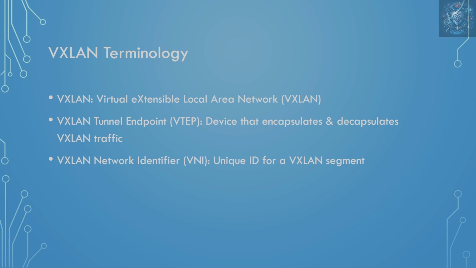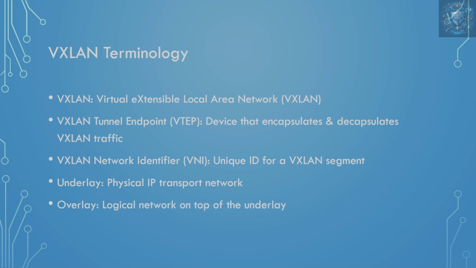So as you can see already, VXLAN itself has a much larger set for it. The underlay is that physical IP transport network, and the overlay is the logical network that sits on top of the underlay.